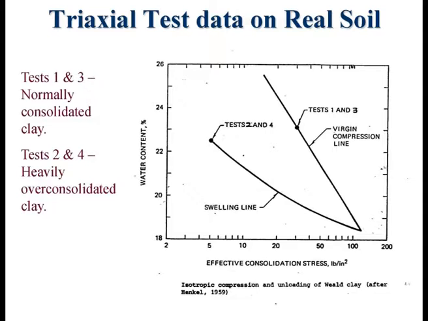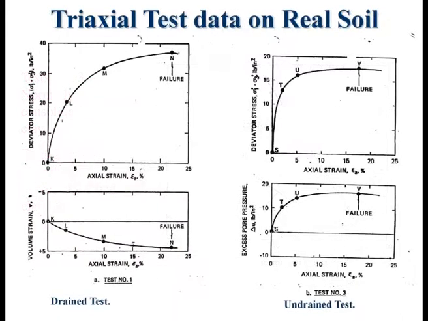Pretty similar water content, pretty similar void ratio, but this is heavily overconsolidated. In tests 1 and 3, one of them is drained, one of them is undrained. Similarly for tests 2 and 4, one is drained, one is undrained. Okay, so if you look at it, test 1 is a drained test, and you can see the result of the drained test quite clearly.